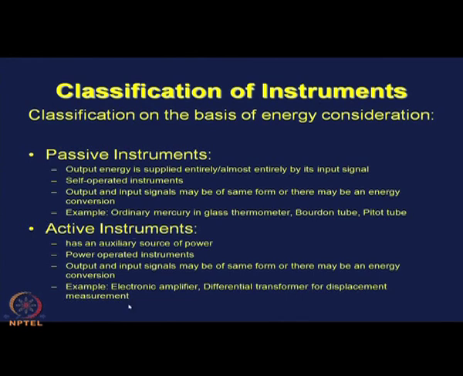Examples of active instruments are electronic amplifier, differential transformer for displacement measurement, etc. So, this classification is on the basis of whether an instrument requires auxiliary power or not. If the instrument requires auxiliary power for its operation, the instrument will be called an active instrument. If the instrument does not require any auxiliary source of power, the instrument will be called a passive instrument.